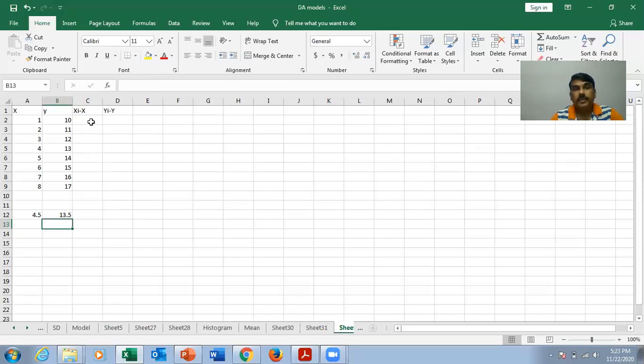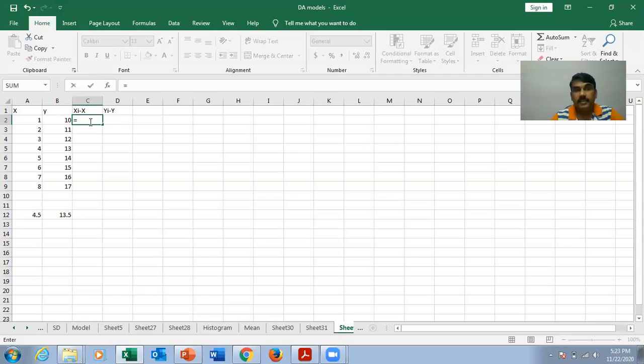Now we have to calculate xi minus x bar. So equal to sign, xi means this value, minus the mean value. Here one has to be very careful that 4.5 is the same for all the xi values. All the items in the X series have the mean value 4.5 only.